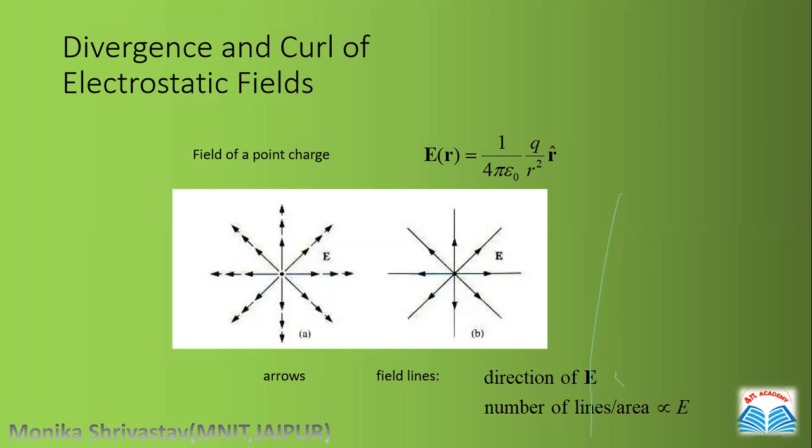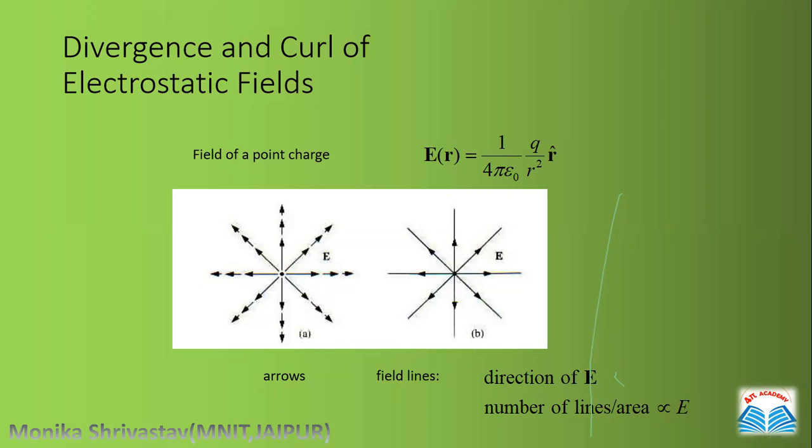of charge. Here on your screen, you can see a point charge situated in the center and the field lines are coming outside. Do you know what type of charge it is?